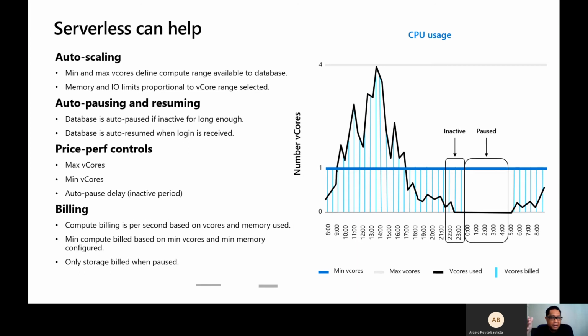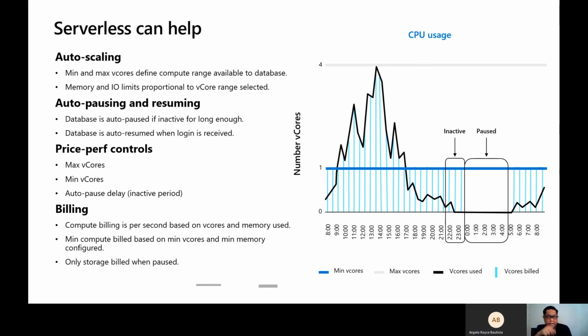But unlike the provision compute, you are only paying for the CPU that you are using. For example, here he's already beyond one CPU, but as he goes up, he only pays for the CPU per second. So during the point in time that you're using just two CPU, you're just paying for two CPUs for that second. Once it goes up, then that's when you go and pay for more.